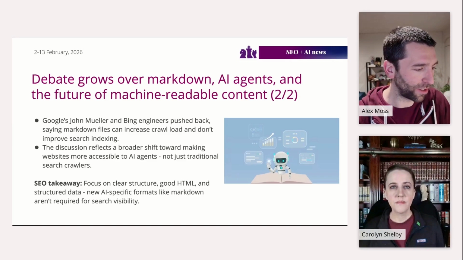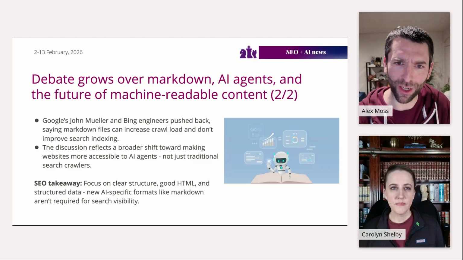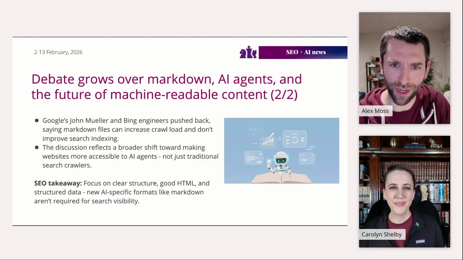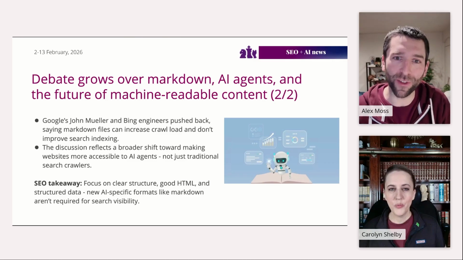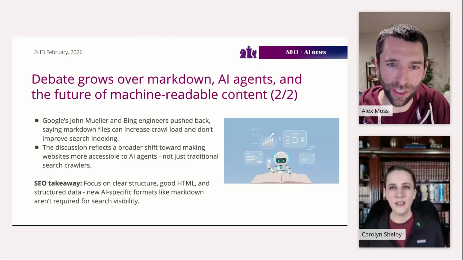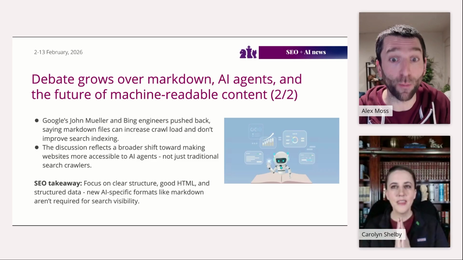And I think John Mueller's feedback was, well, look, agents can read an image, so why would they want to read Markdown? Whilst that's true, how much effort does it take for that agent to read the image and give out the same answer that Markdown could do in 1% of that computation?